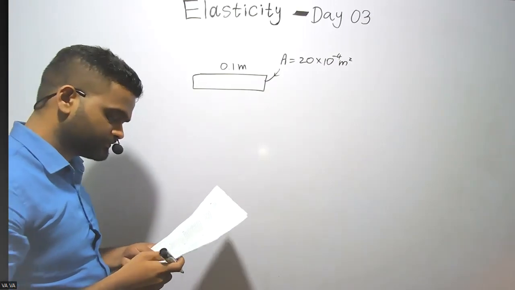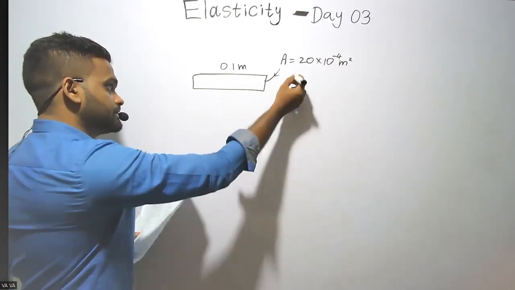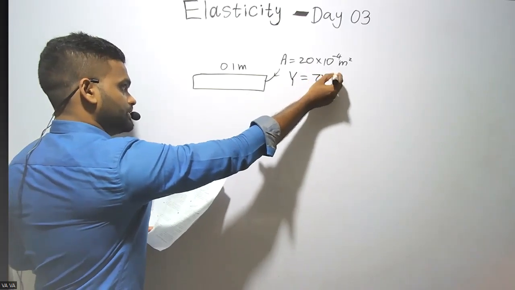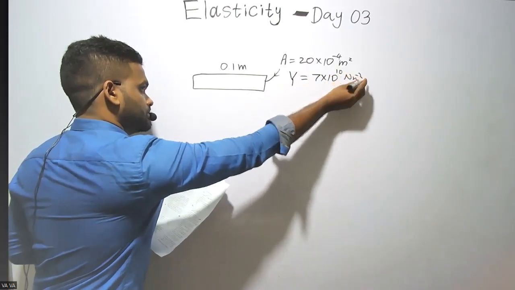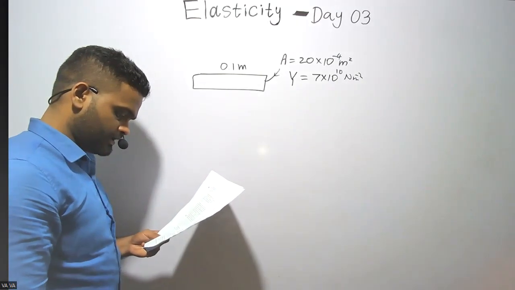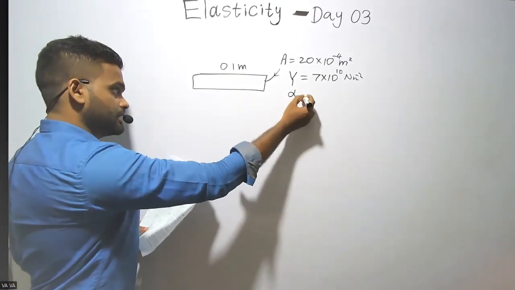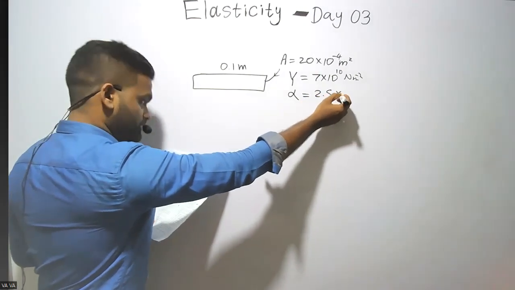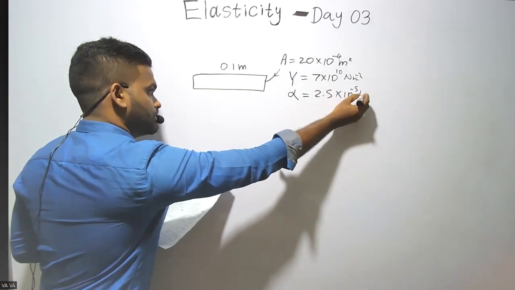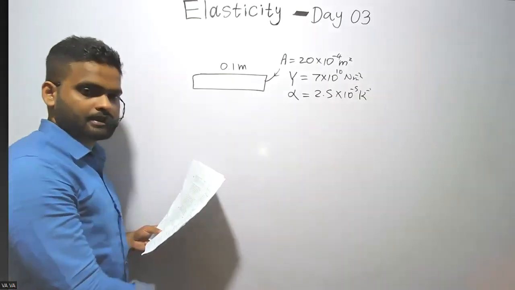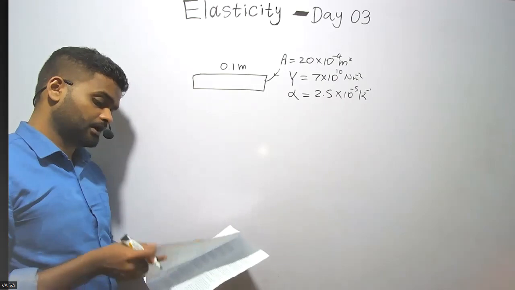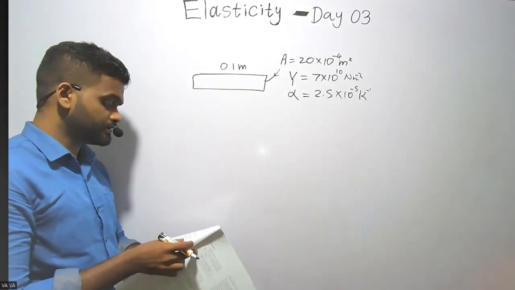Young's modulus is 7 times 10 to the power 10. Then the linear expansivity alpha is 2.5 times 10 to the power minus 5 per Kelvin. Alpha means linear expansivity, right? I have discussed those when we did the theory.